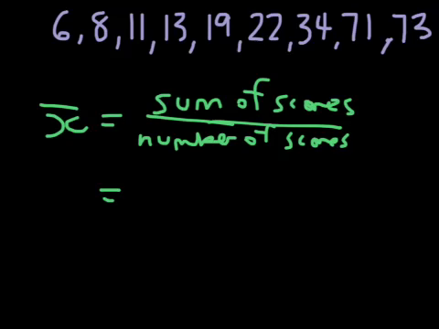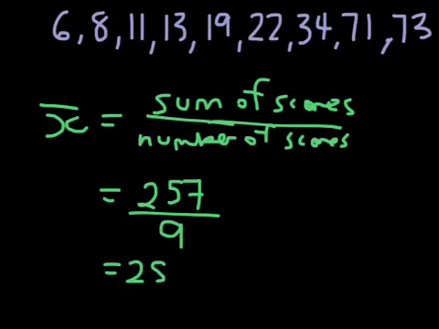If we add all of these scores together, you should get a sum of 257, and then we're going to divide it by the number of scores that we have, and we have 9 scores there. So if I do 257 and divide it by 9, I end up with a decimal. I'm going to get 28.55555, and if you've got it on your calculator, you'll see that it ends in a 6.